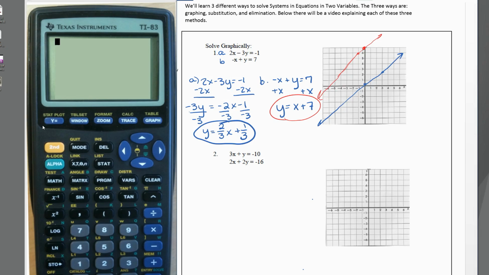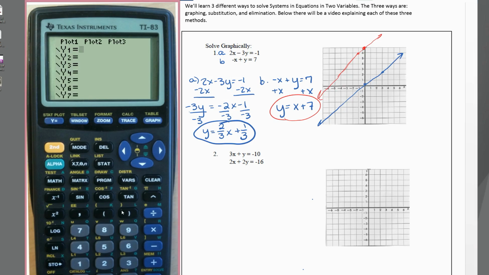So what we're going to do is use our graphing calculator, and in y1 we're going to put 2/3 x plus 1/3. And in the second one, we're going to put x plus 7. We'll hit graph. Again here we can't see where they intersect, so we really need to zoom out.